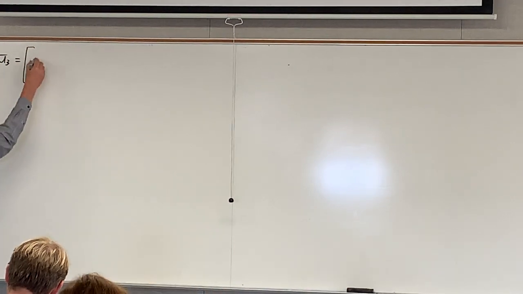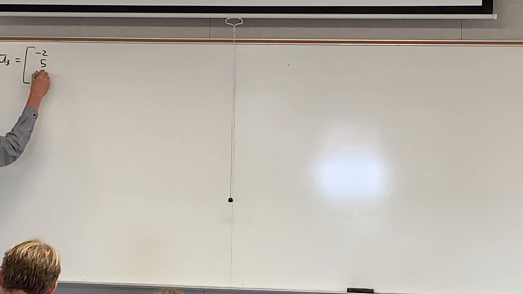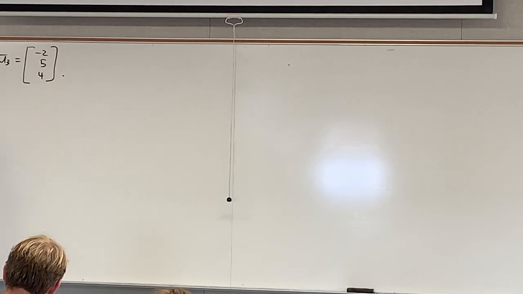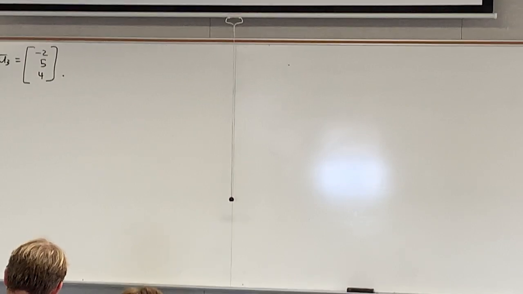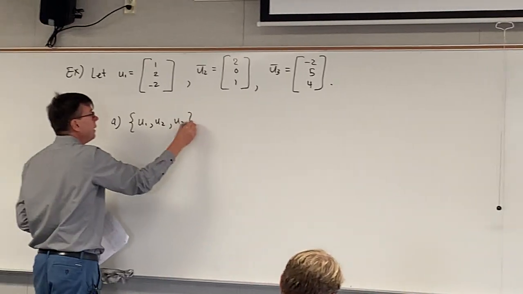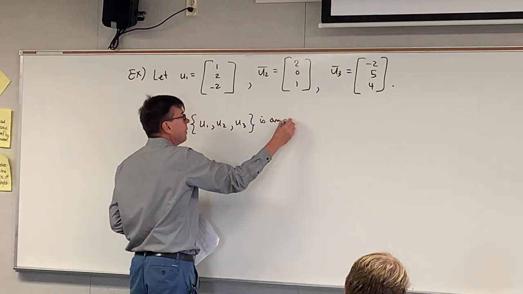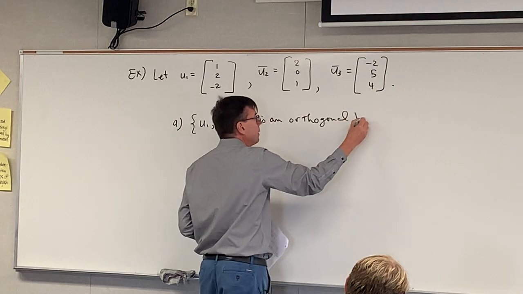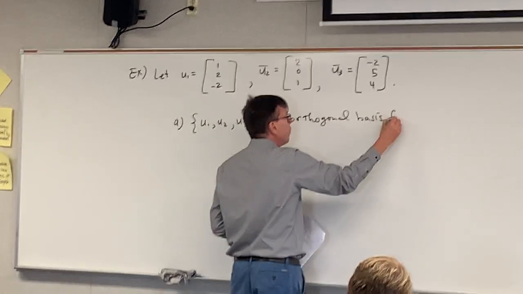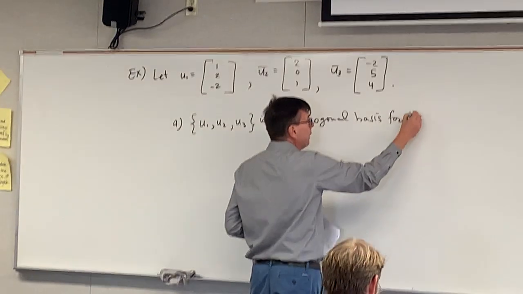U2 is 2, 0, 1. U3 is negative 2, 5, 4. And the first thing we want to show is that U1, U2, U3 is an orthogonal basis for R3.